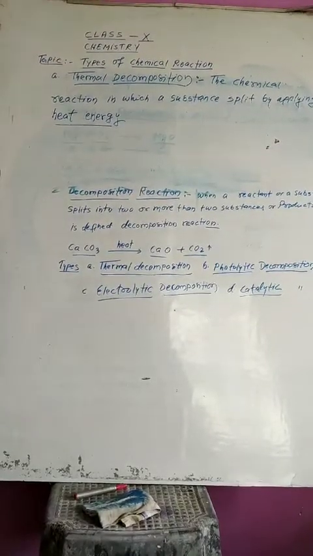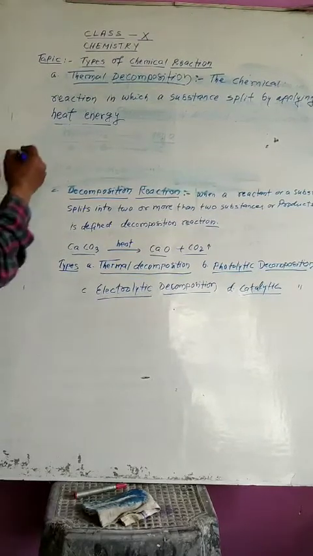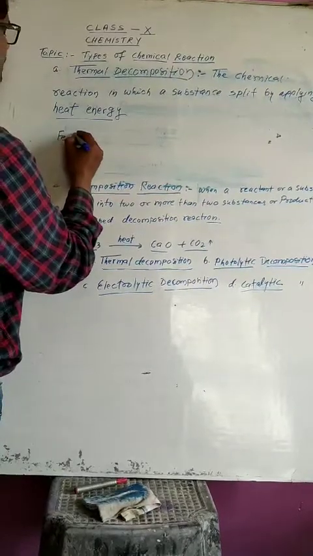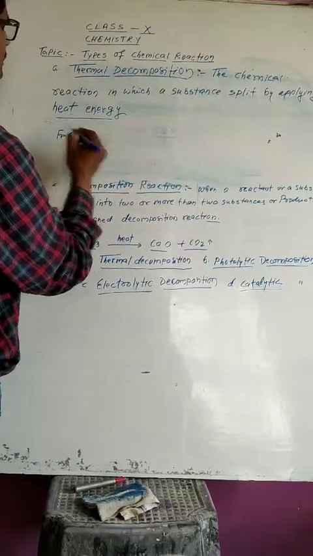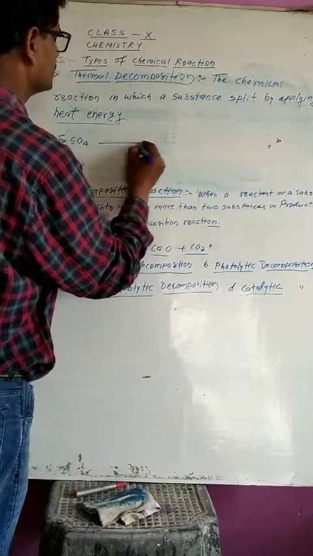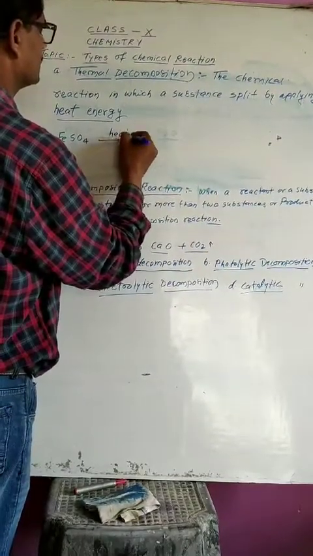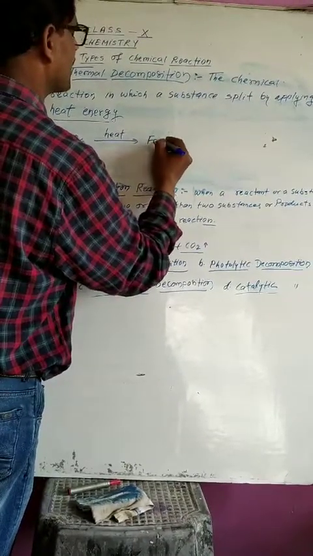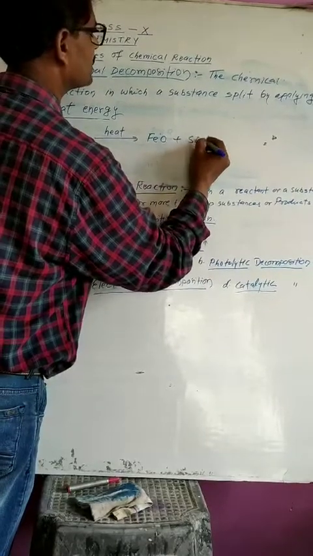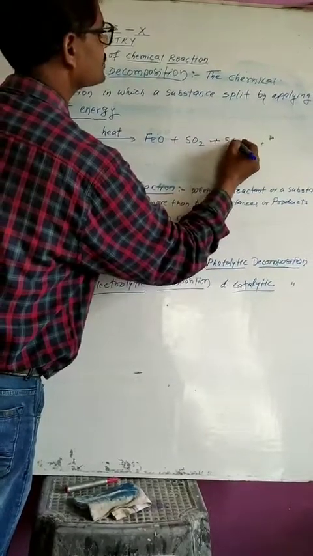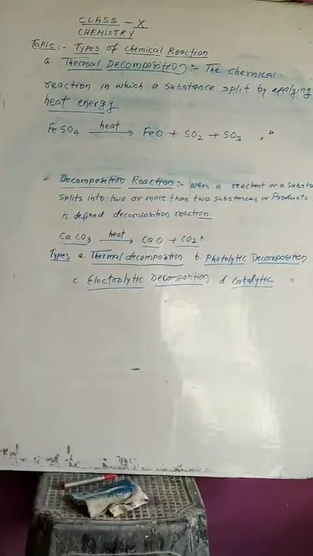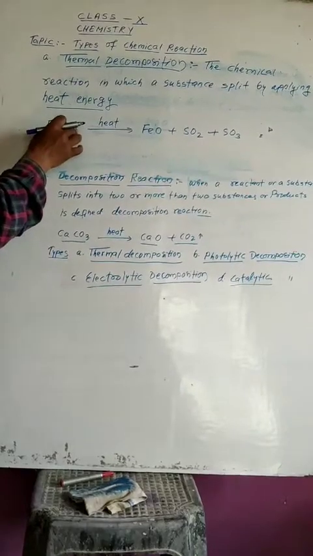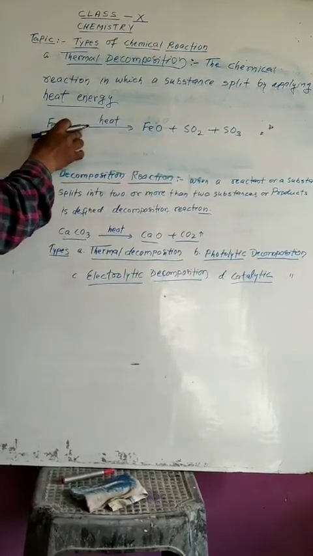For example, iron sulfate, FeSO4, whenever heated, produces iron oxide plus sulfur dioxide and sulfur trioxide. Here we see this is iron sulfate.